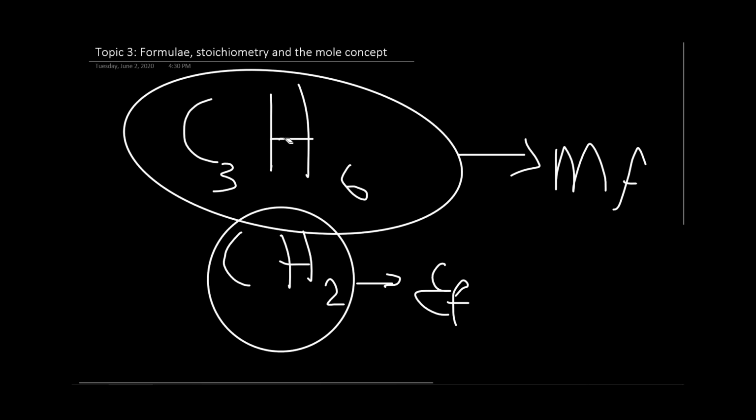Now, one important thing to observe here is, if you want to go for reverse engineering, if you want to go from EF to MF, what do you need to do? You just need to multiply the empirical formula by 3 to go back to your molecular formula, right?